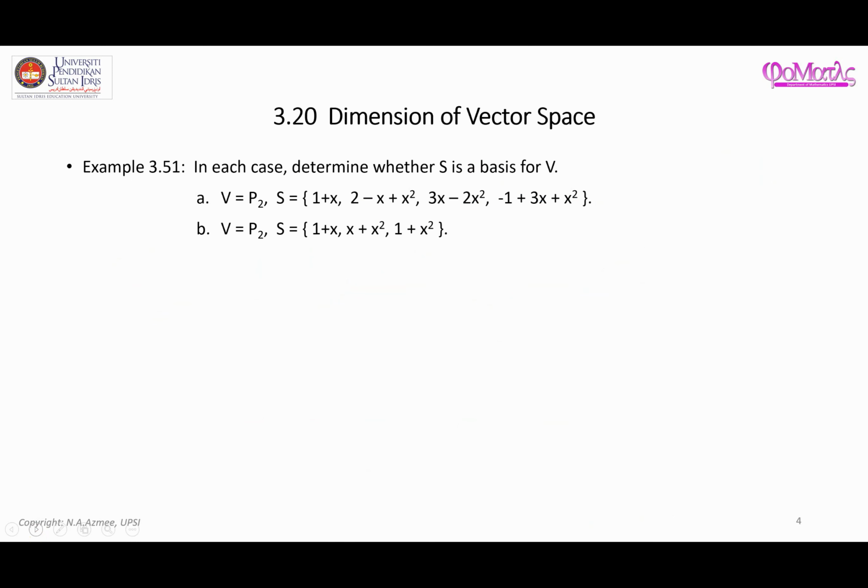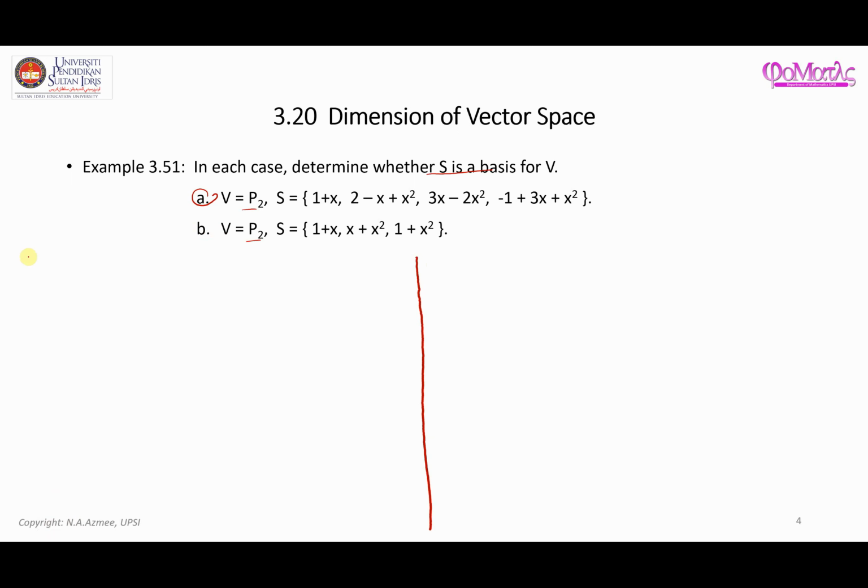Okay, now in each case here, we have A and B. Determine whether the given set S here is a basis for this vector space defined as polynomials of degree 2. Now, we're going to start off with question A first. If we want to determine whether it is a basis or not, again, there are 2 conditions that you have to fulfill.